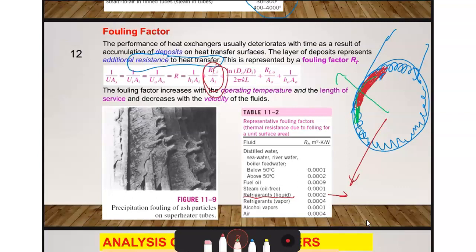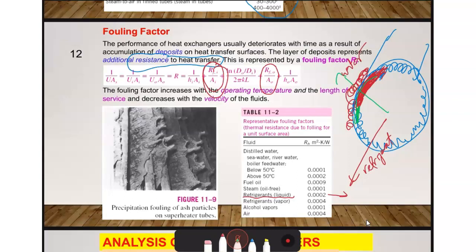On the other side, we have RFO over AO, for example fouling outside of the wall. The middle one is refrigerant and the outside one is water.